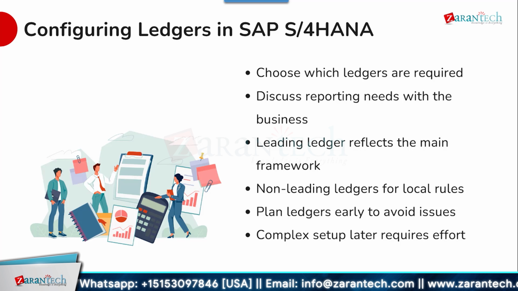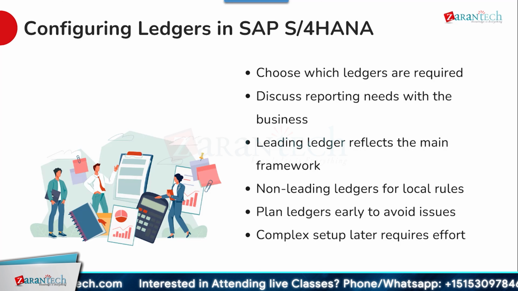For specific regional requirements, non-leading ledgers can be configured to comply with local accounting rules. Planning your ledger setup early on is crucial to avoid complications down the line. While simpler configurations may seem appealing now, a poorly planned ledger can cause complexities later that require a significant effort to fix.